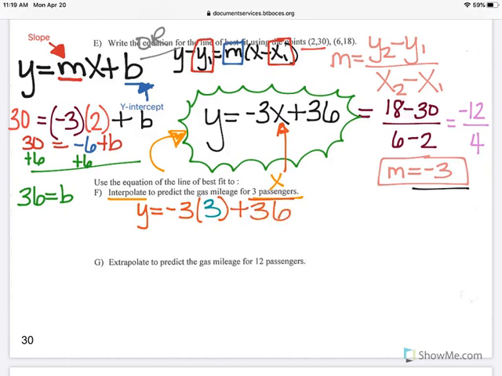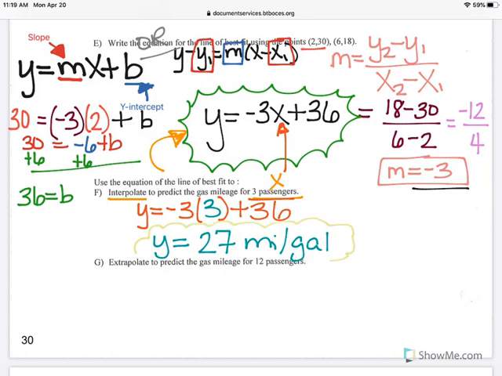And when we figure out the math here, we're going to end up with 27 is our answer, which I guess is pretty close. So this 27 is the y, and that represents miles per gallon. Make sure you give units when you can so that it makes more sense and brings it kind of full circle.